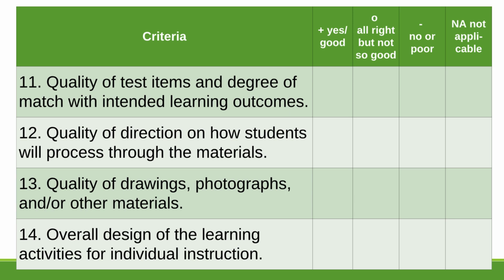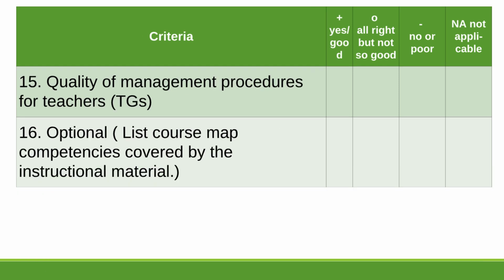13. Quality of drawings, photographs, and/or other materials. Example, are visuals clear, culturally relevant, and helpful for understanding the content? 14. Overall design of the learning activities for individual instruction. Example. Can a student learn independently using this material, or are the directions too dependent on teacher support? 15.